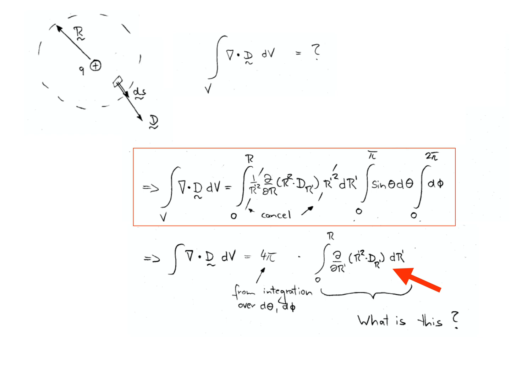Mathematics alone cannot provide the answer to this question, because mathematically D is just defined as a vector field. Experimental physics, however, tells us what the structure of this vector field is. It does that through Coulomb's law, the observations that are comprised in Coulomb's law.